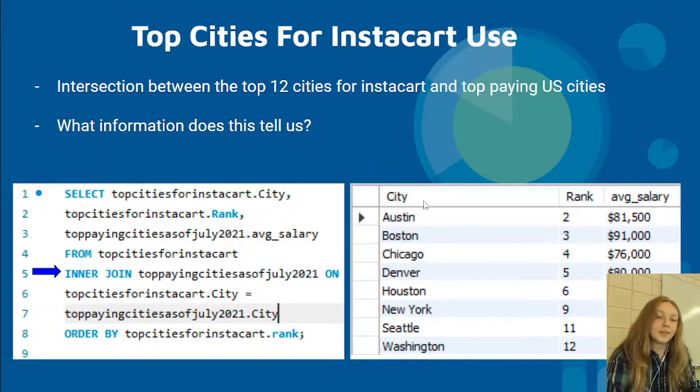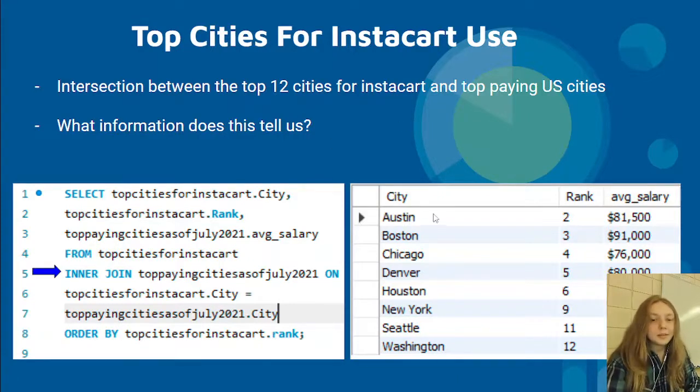A few interesting things that I found through MassURC: finding the intersection between the top 12 cities for Instacart use and the top paying cities in the US, we could see a bit of correlation, in that a lot of the top paying cities were pretty popular for Instacart use. I found that pretty interesting.